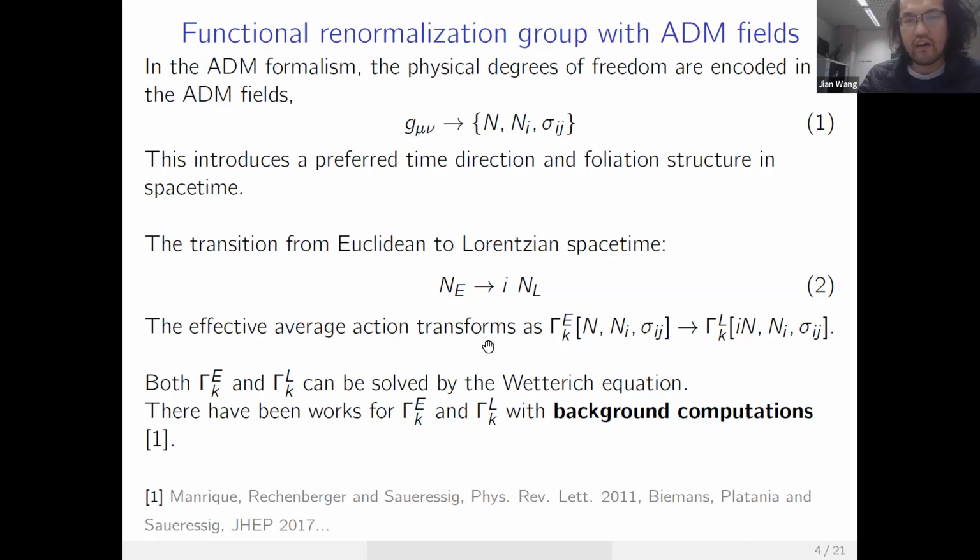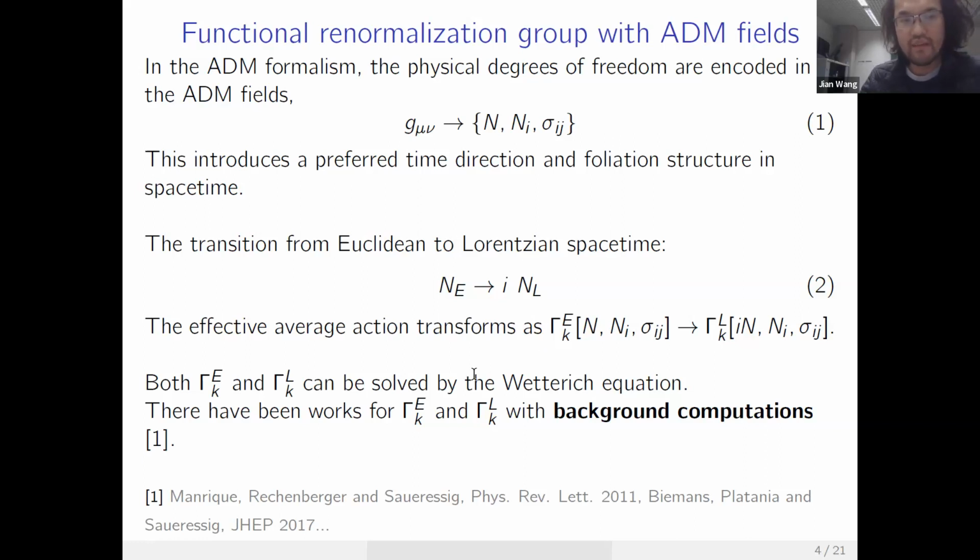Similarly, we can also apply this transformation on the effective action, which is also a function of the ADM fields. Under this transformation of the lapse function, we could write down the Lorentzian effective action from the Euclidean one easily.